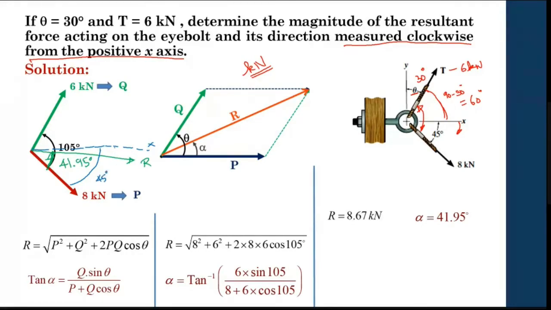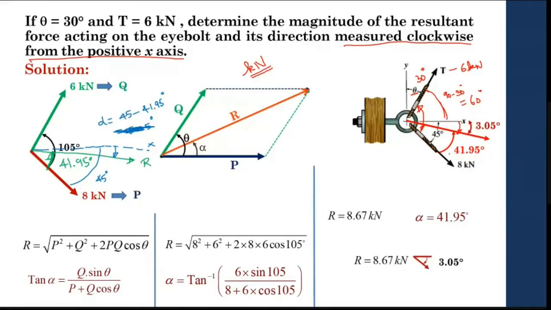In that case, I have to identify what this angle is. This is what they are asking. So from positive x-axis clockwise, what is the measurement? Which means 45 degree minus 41.95. What is the value? I think we are getting 3.05. So your resultant is at 3.05.